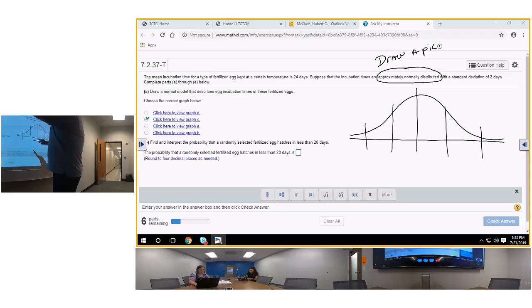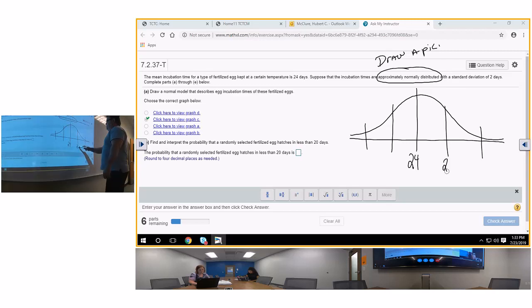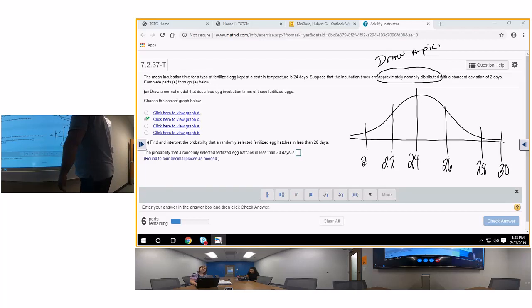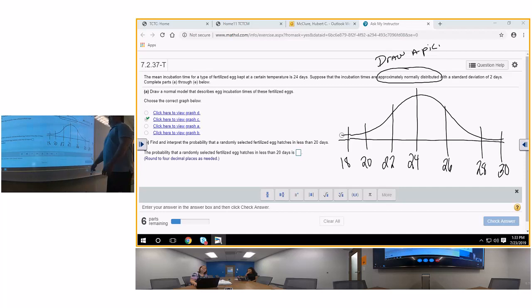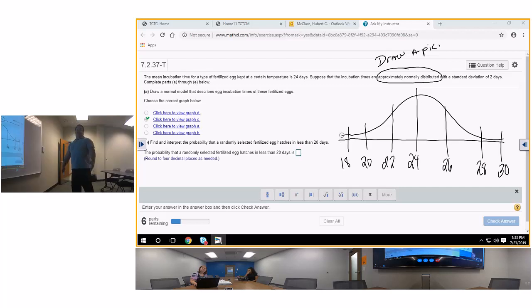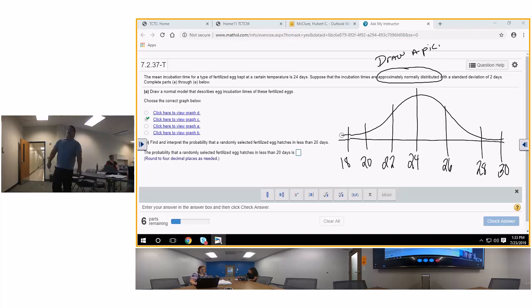The mean incubation is 24. 24 plus 2 is 26, 28, 30, then 22, 20, and 18. I always carry the 3 because sometimes the question might ask you the third deviation.